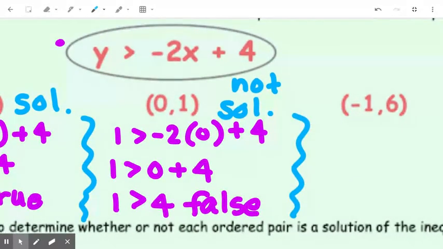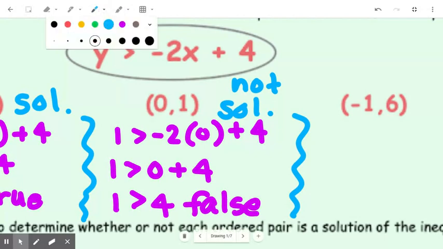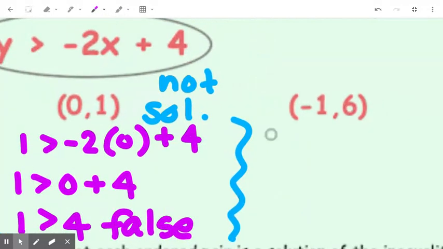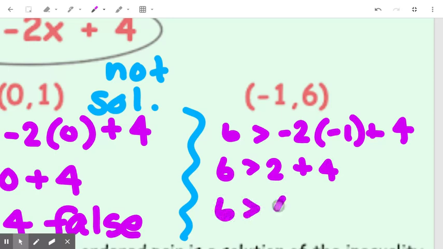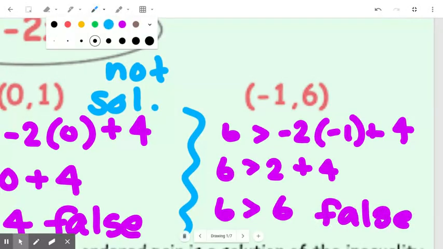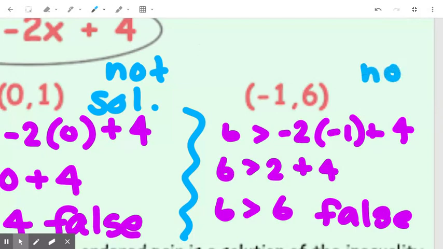Then lastly, -1, 6. 6 is greater than 6. So that's close. They're equal, but it is not greater than. So again, this is false. Because it is false, that means that this ordered pair is not a solution.